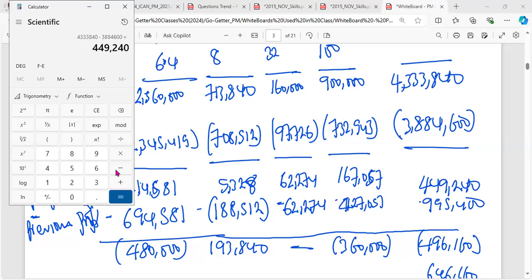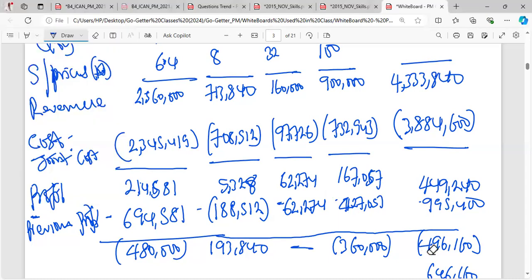Yes. And then I minus 995,400. That gives 546,160. So this is the difference in profit.